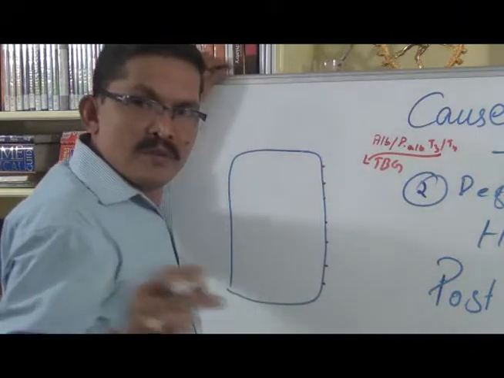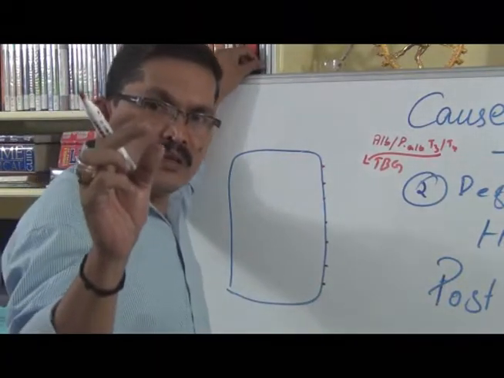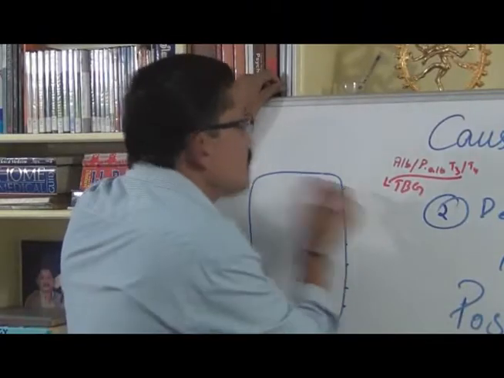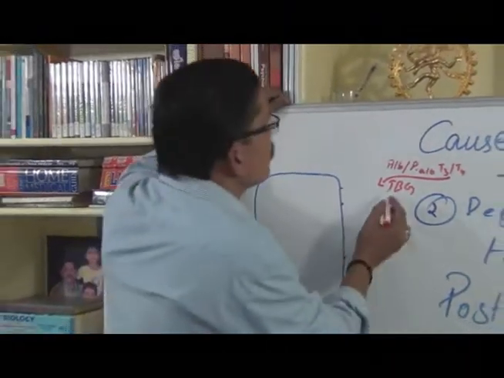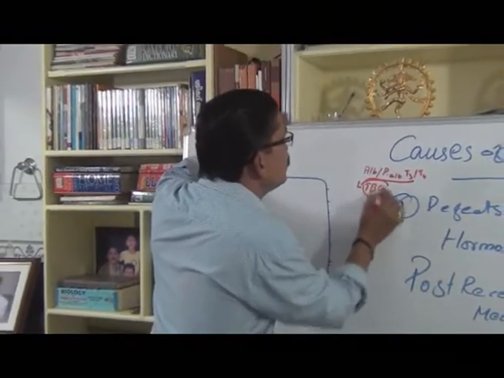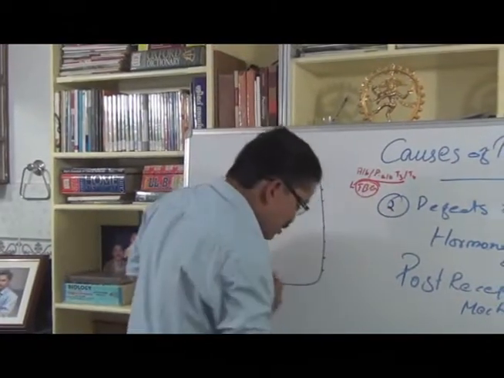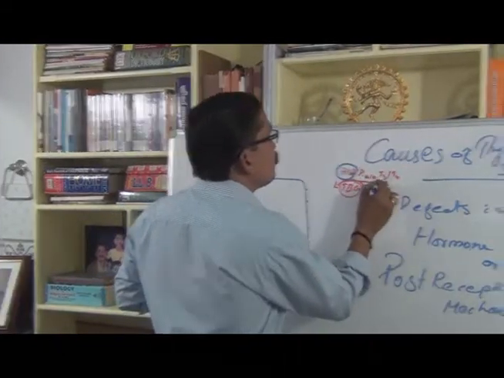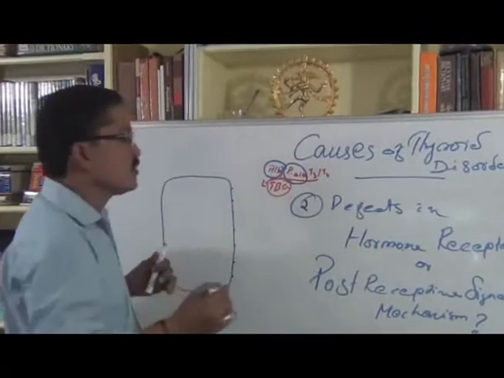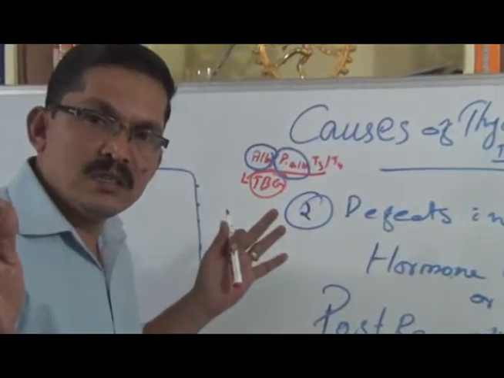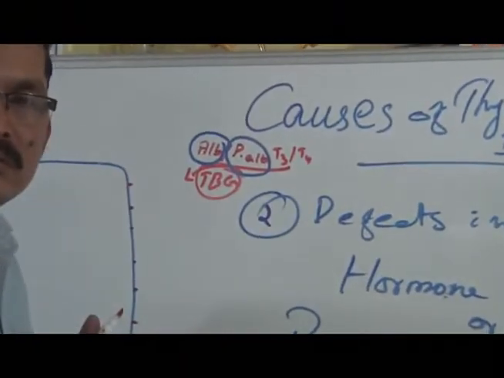And when these thyroid hormones reach the cell surface, this TBG or this albumin or prealbumin has to detach from the thyroid hormones.